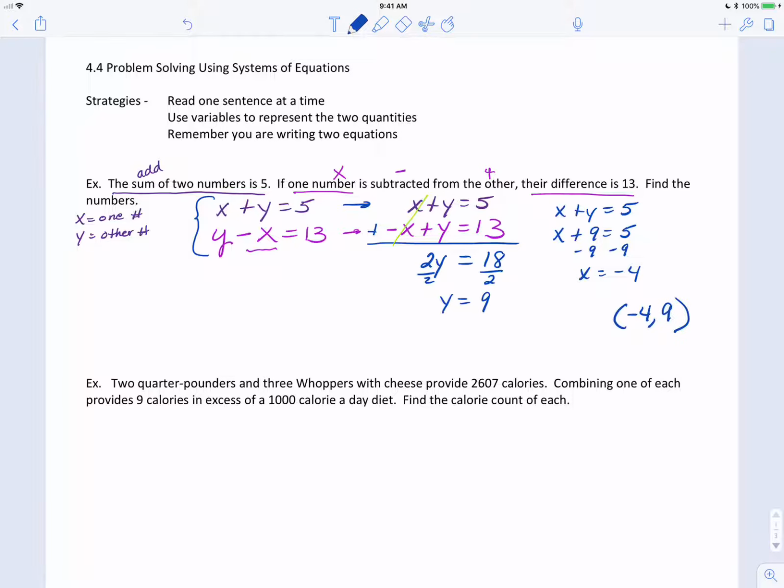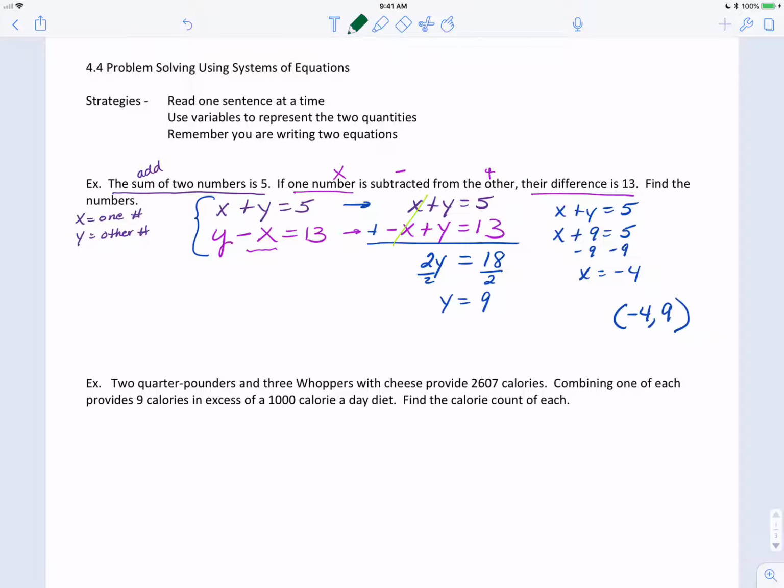Okay, well, in this case, I use the addition method. But when we're doing these word problems, you can use whichever method you want to. So if I would have chosen to come in here and say, well, I've got some single friends in here, right? So I could use the substitution method.